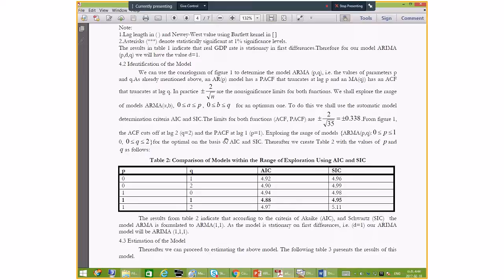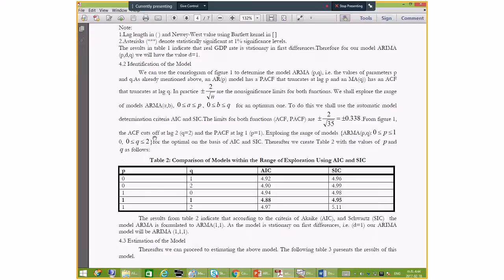The limits for both functions, ACF and partial autocorrelation function PACF, are plus or minus 2 over the square root of the sample size, which is 35. This is plus or minus 0.338 from figure 1.